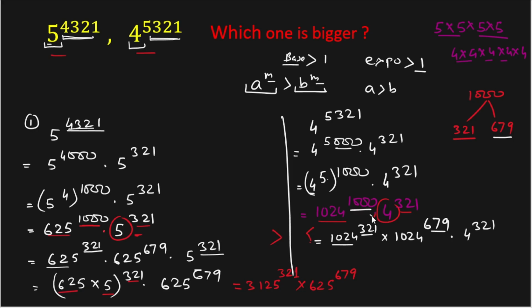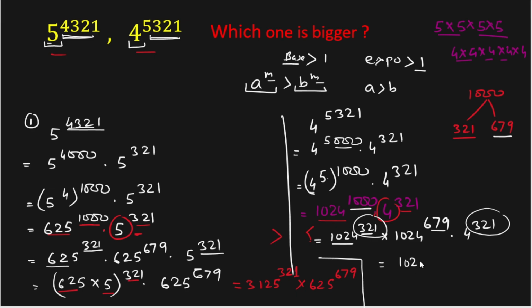Now here also 321 and 321, the power is the same, so we write 1024 multiplied by 4 with power 321, multiplied by 1024 to the power 679. The multiplication of 1024 and 4 will be 4096 to the power 321, multiplied by 1024 to the power 679.